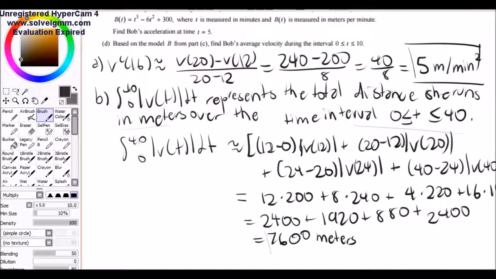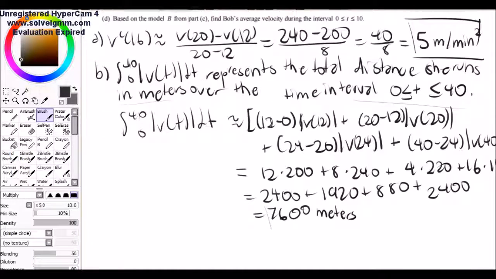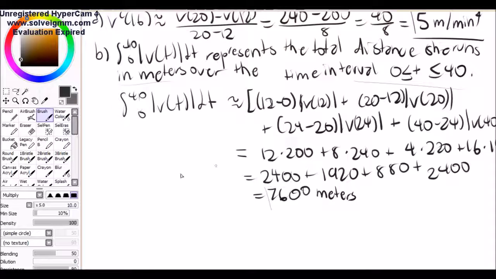For part C, we are introduced to Bob, who is riding his bicycle along the same path, and his velocity is modeled by the function b(t), where t is also measured in minutes and b(t) is measured in meters per minute. They want us to find Bob's acceleration at time t equals 5. Acceleration is just the derivative of velocity, so we find the derivative of b(t), which is 3t squared minus 12t.